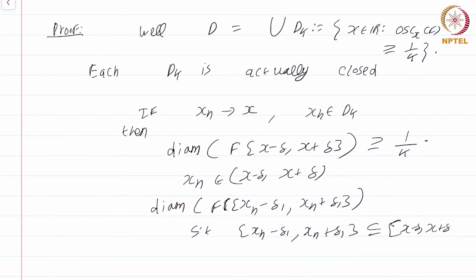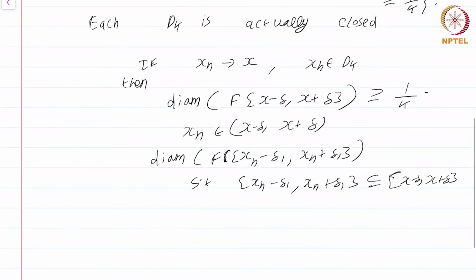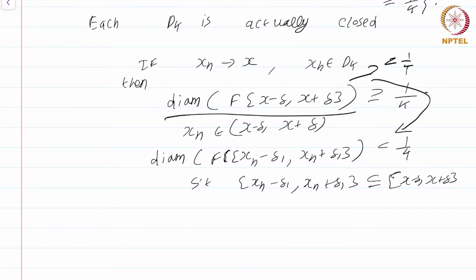If the diameter of f on the big interval was less than 1 by k, then this diameter will also have to be less than 1 by k, simply because this is a subset of this set, right?